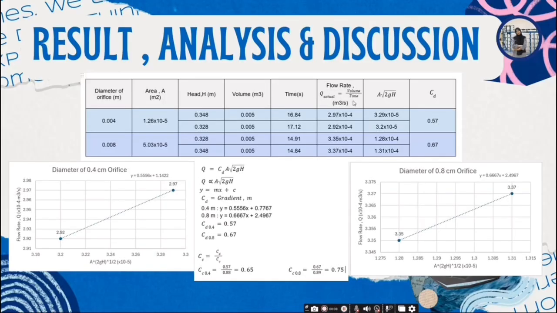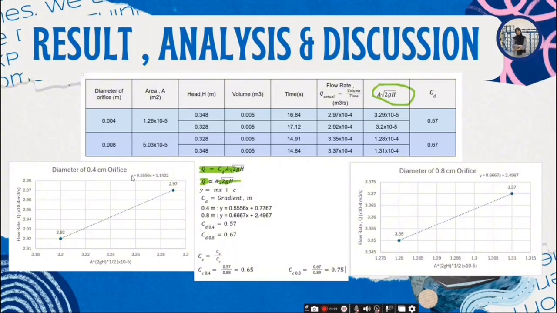By using the equations and comparing them to the linear equation, we know that Q is directly proportional to A√(2gh). So we calculate the area times √(2gh), then we plot the graph of flow rate Q versus A√(2gh).